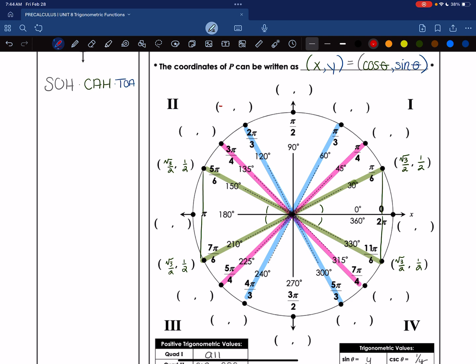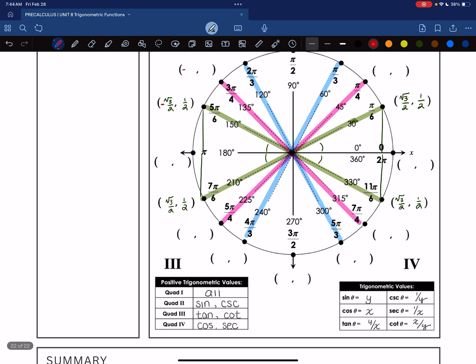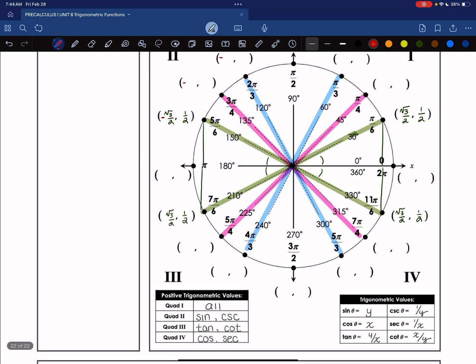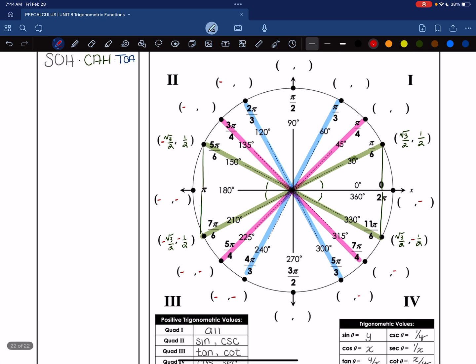So for every single one of these angles in quadrant 2, the x is negative. And in quadrant 3, both x and y are negative. So I'm going to just go ahead and set these up right here. And in quadrant 4, it's the y values that are negative.